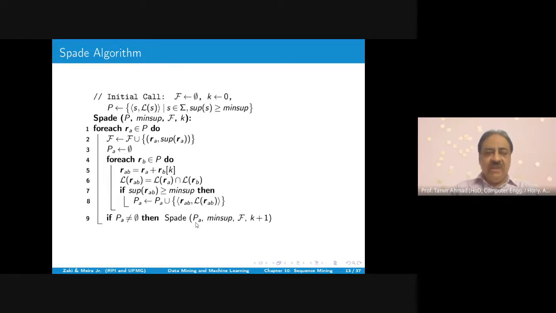That means when I call this algorithm recursively, this value of PA must be not equal to 0. If this becomes 0, it means that you cannot develop any more sequences, and therefore you stop at that point and try to find another A for this. Correct?